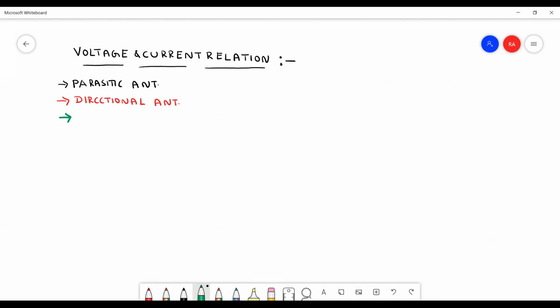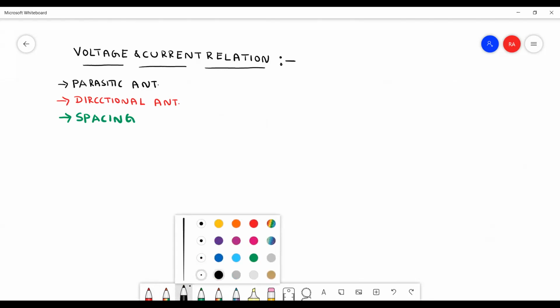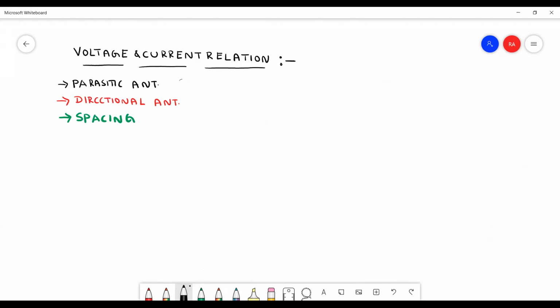The effect on the directional pattern produced depends upon magnitude and phase, and therefore the spacing is also one of the deciding factors for the voltages and currents. So that's why we are developing from this basic idea, and we are able to form the equations.